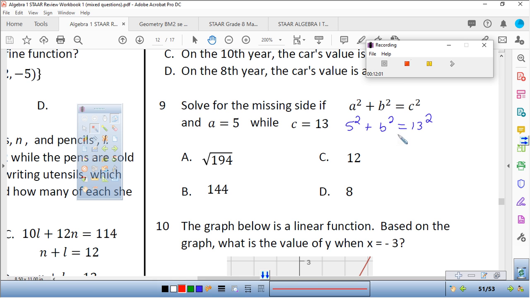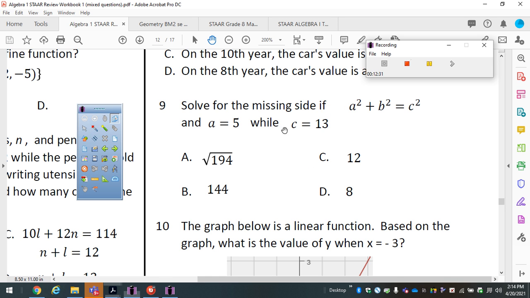Solving for b is doable, because you have one variable and you have an equal sign. Okay, that's how you know you can nSolve. So this one is 5, I think it's a 7. Oh, 5, 12, 13. That's a famous right triangle.